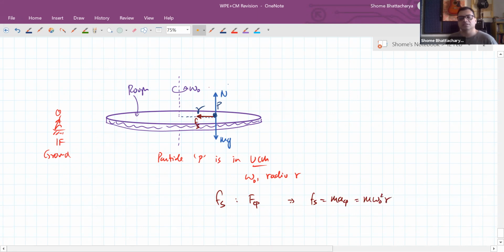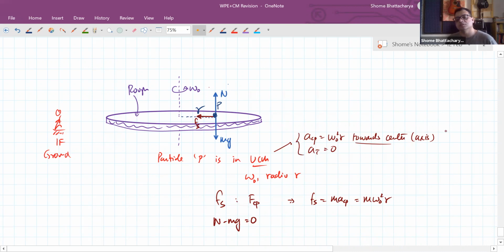So this static frictional force will be equal to mass into centripetal acceleration, whereas normal reaction and weight are cancelling each other. What is happening here is that it's in uniform circular motion, so it has a centripetal acceleration of omega square r towards the center or the axis of rotation, and its tangential acceleration is 0. So that means the centripetal force has to be equal to m omega square r.